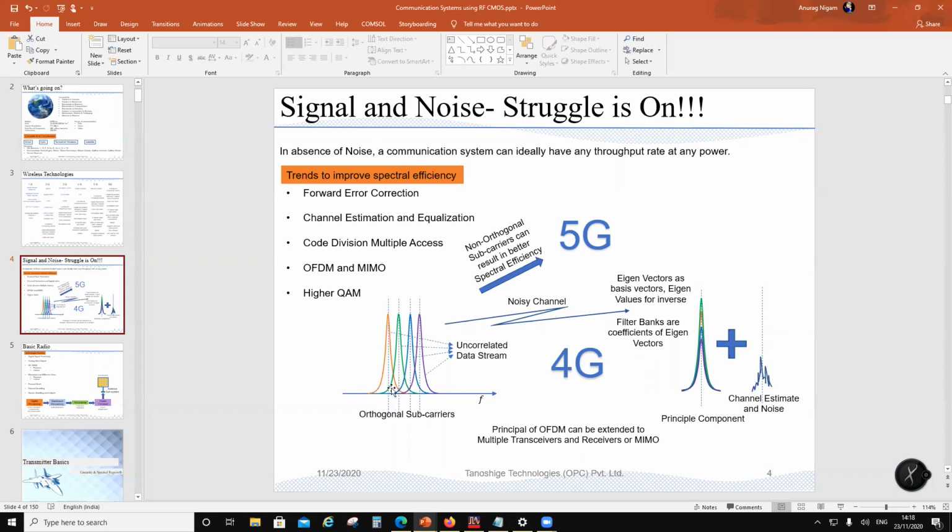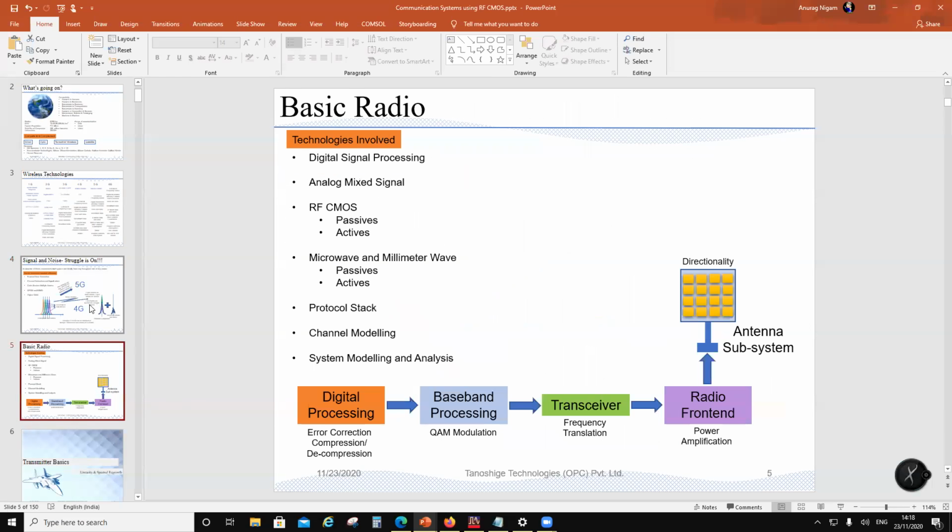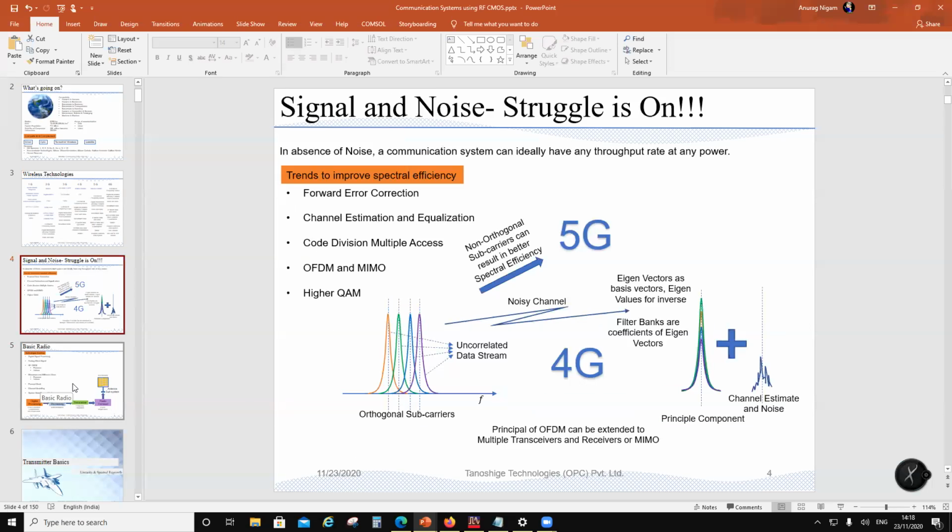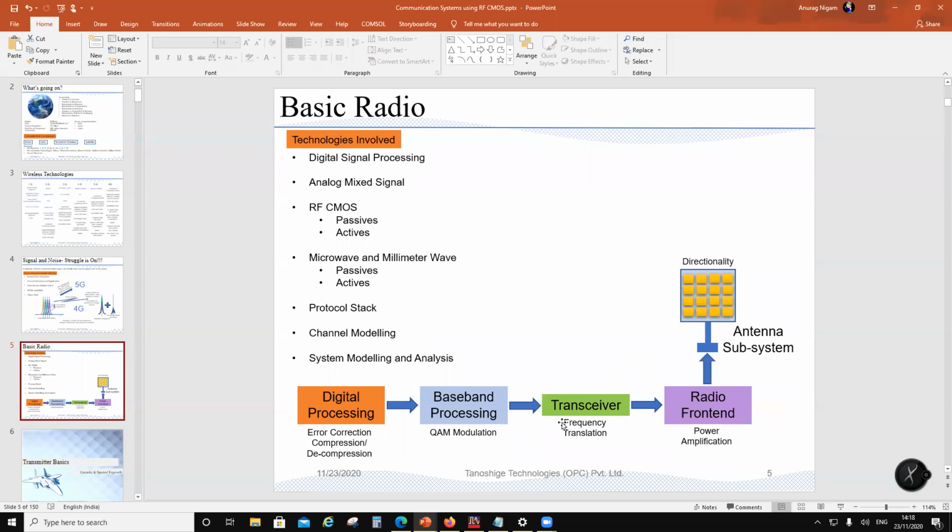You can do the maths, but I want to keep maths away from this workshop because I don't want people to be bogged down with mathematics. I want to explain it in the most simplified way I can. In multiple path communication, you receive multiple copies of the same signal at different delays.